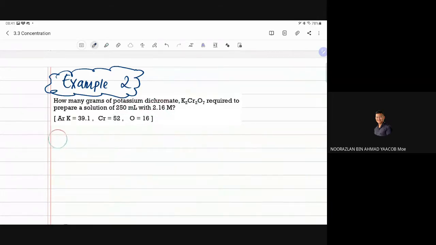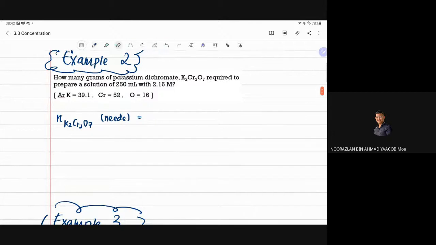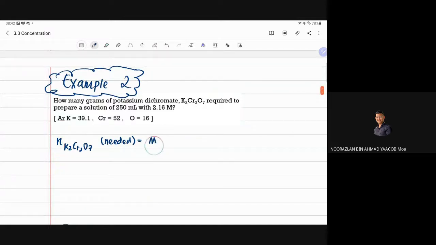So to find the number of mole of K2Cr2O7 needed, okay, it is equals to molarity of K2Cr2O7 we multiply by volume of K2Cr2O7 punya solution. So kita tahu kalau kita nak cari molarity N over V. So nak cari N kita guna M darab V.